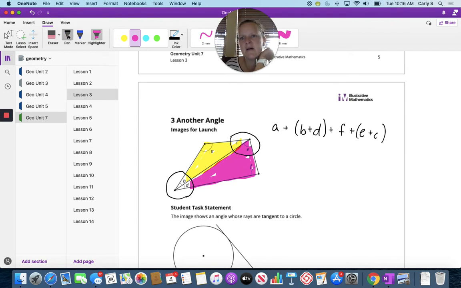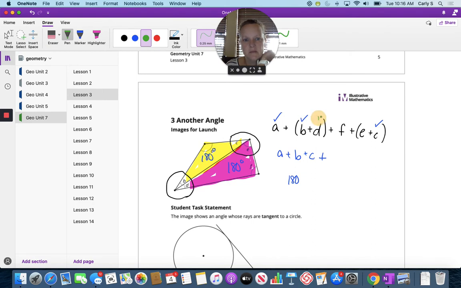Now, what is the sum of interior angles in a triangle? The sum of interior angles in a triangle are 180 degrees. So A plus B plus C is 180. So I've got A plus B plus C equals 180, plus D plus F plus E. That also equals 180.